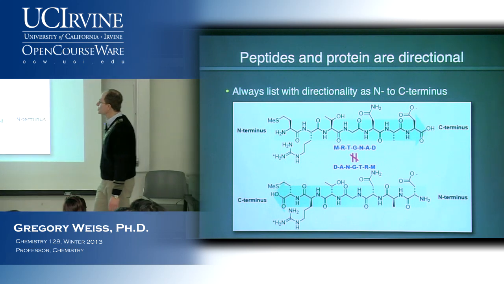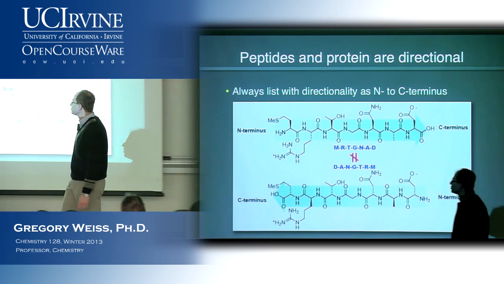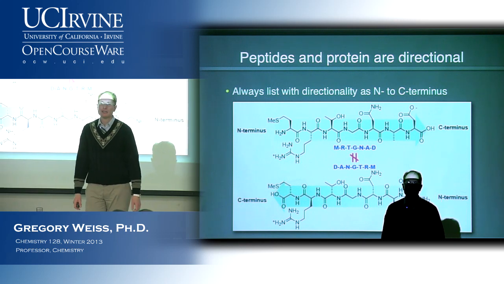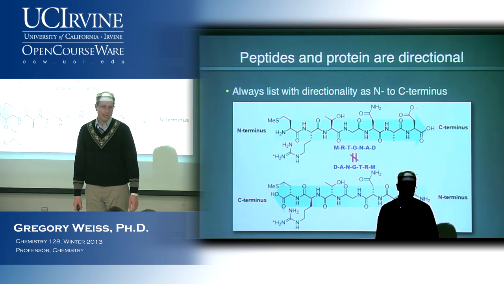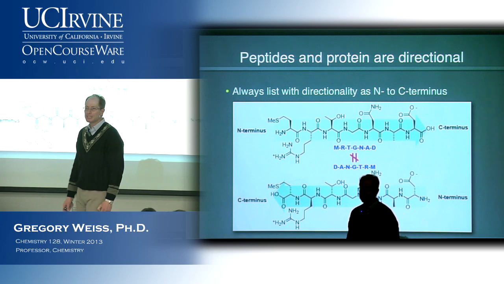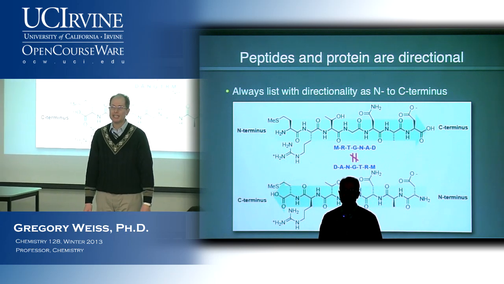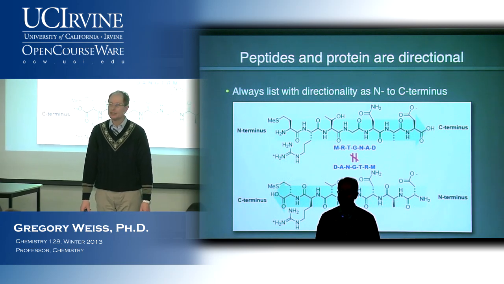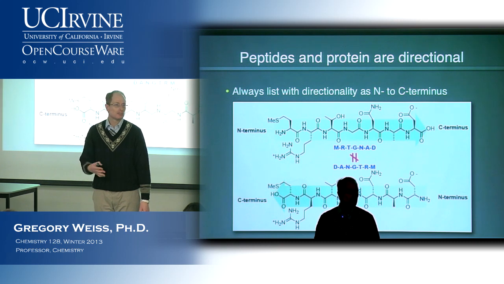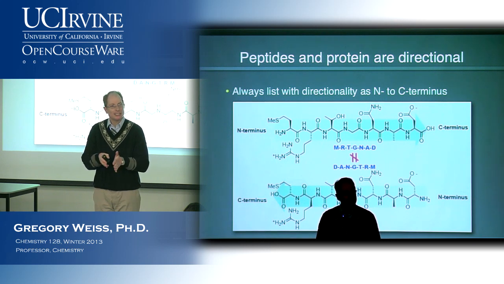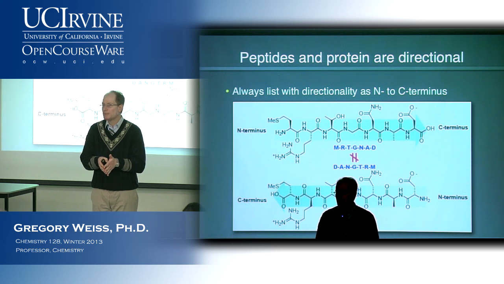So the first thing we have to talk about is what happens when you string together the amino acids. First, the backbone of the peptide or protein has some directionality associated with it. And by the way, I'm going to use the words peptide and protein interchangeably, but they're not the same. Peptides are short sequences of amino acids that are connected together by amide bonds.